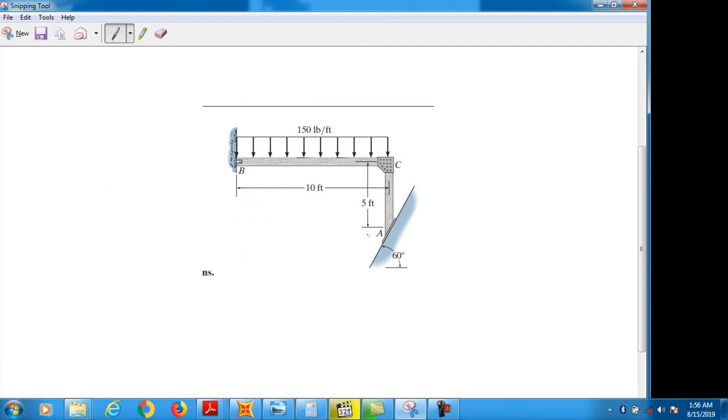One thing I mention to you students, that you must understand the supports of the structure which you have to model in your SAP2000. Once you become the master of modeling the structure into SAP, then the analysis and design is a simple procedure, not tricky, not complicated.